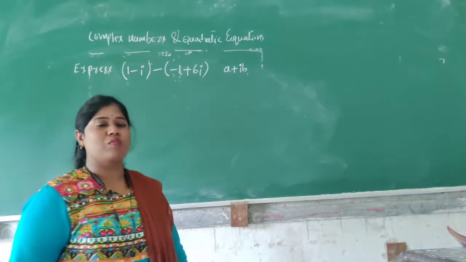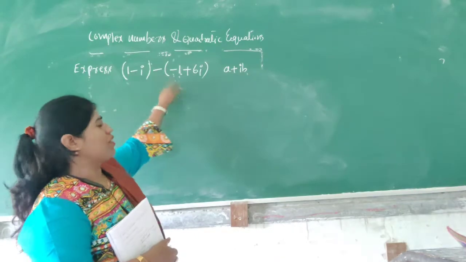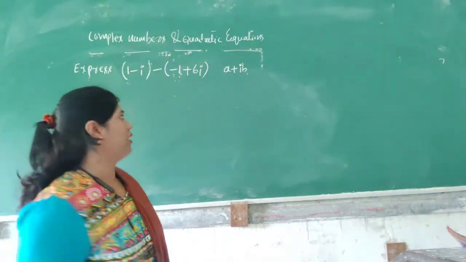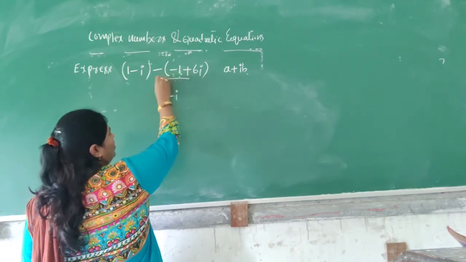This is also a complex number. By looking at it we can see that this is a subtraction of complex numbers, correct? So 1 minus i. We will remove this bracket, okay?